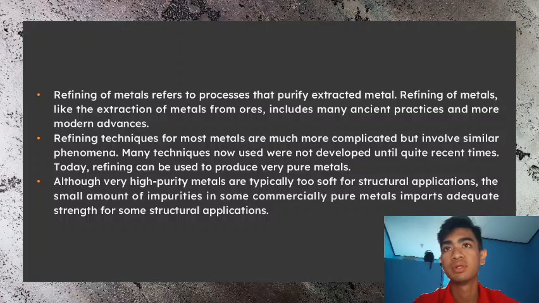Very high purity metals are often too soft for many types of structural application. For example, gold that is 99.99% pure is not practical, even for use as chains or pins in jewelry. However, some modern material specifications require exceptional refining techniques.